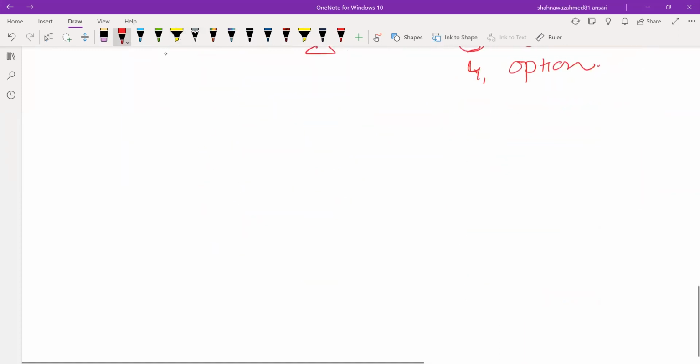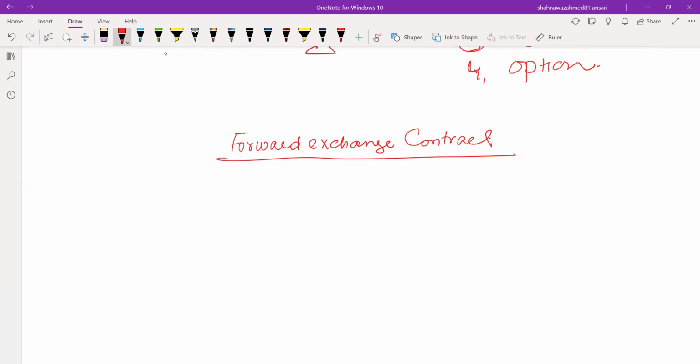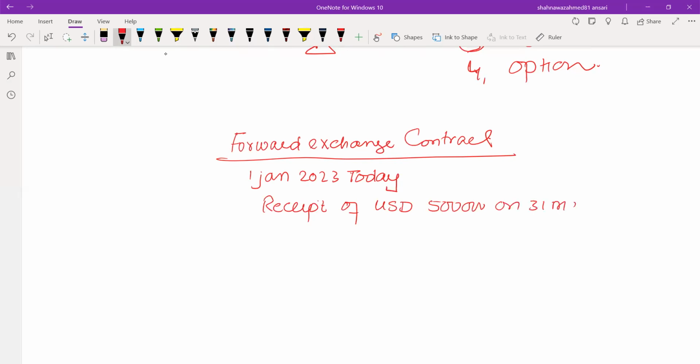So in a forward exchange contract, how can we mitigate risk? Suppose, for example, it is 1st January 2023 today, and the company is expecting a receipt of USD 500,000 on 31st March 2023.